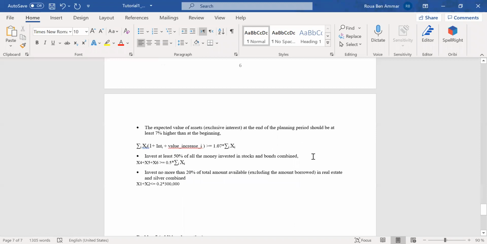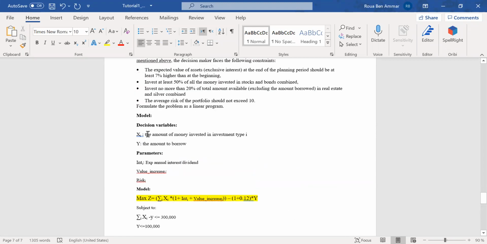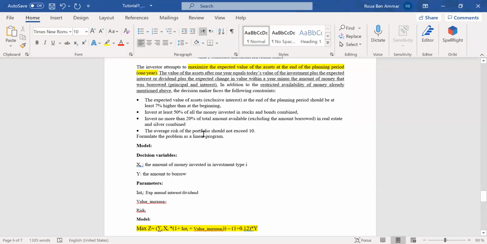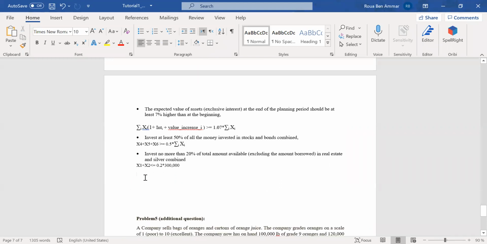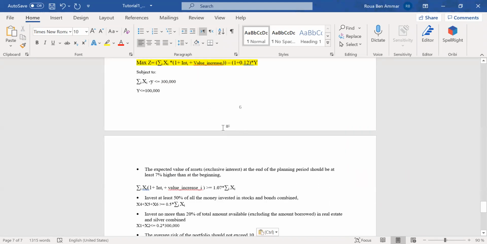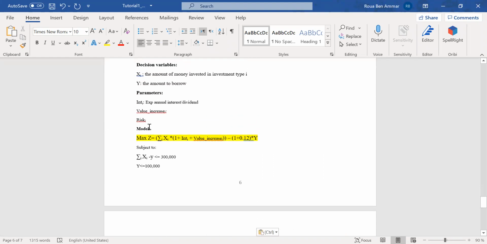Yes, miss. Okay. The next constraint: the average risk of the portfolio should not exceed 10. How should we formulate this constraint? When we defined our parameters, we defined risk i.